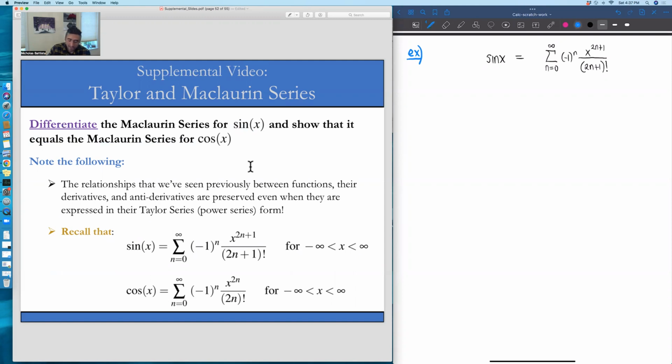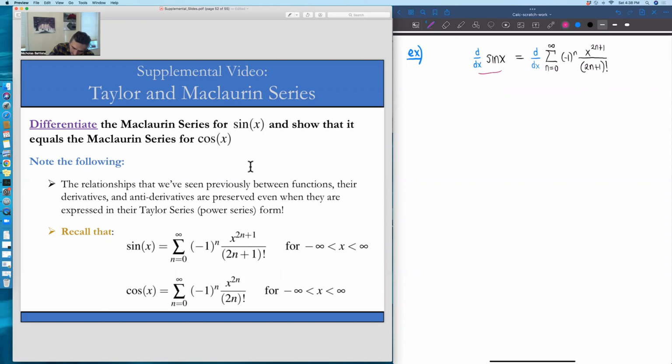So let's go ahead and start with the power series or Maclaurin series representation of sine of x. It's equal to the series from n equals 0 to infinity, minus 1 to the n, times x to the 2n plus 1 over 2n plus 1 factorial. And what we're going to do is take the derivative of both sides with respect to x.